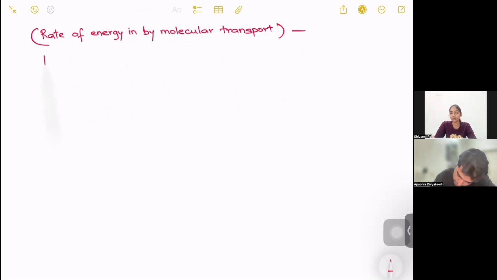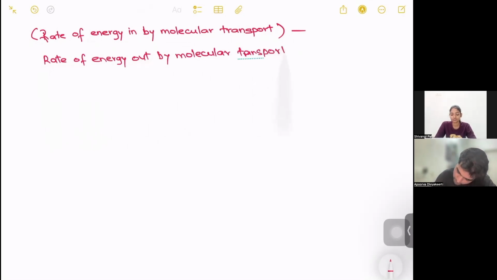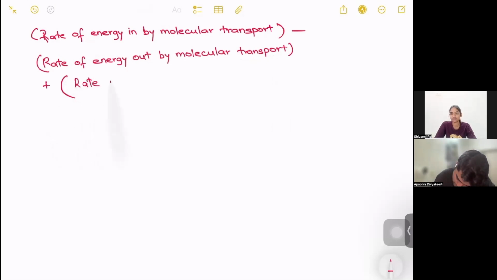So now our final energy balance equation comes to: rate of energy in by molecular transport minus rate of energy out by molecular transport plus rate of energy production, all equal to zero.